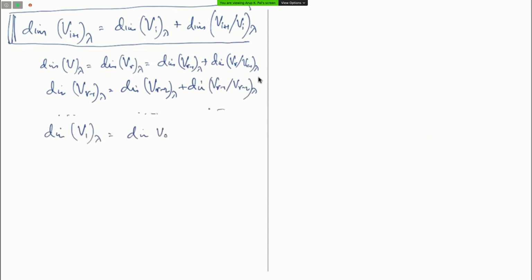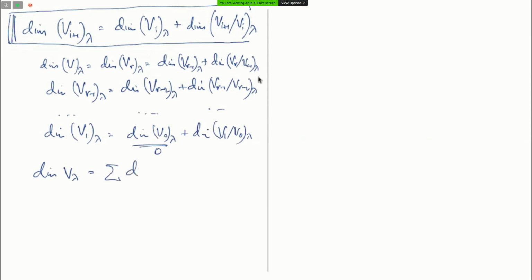Yes. So that will be 0 plus the dimension of V1 by V0 lambda. V0 is 0, so V1 quotient V0 is V1 itself. So what you get is the dimension of this equal to this sum.